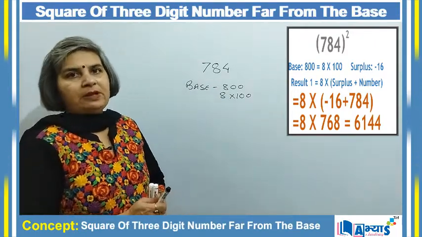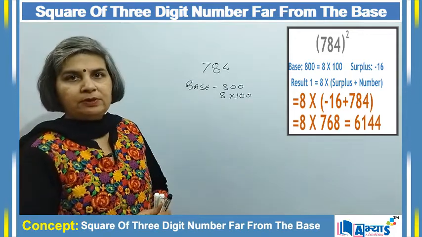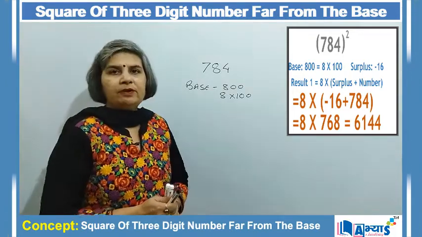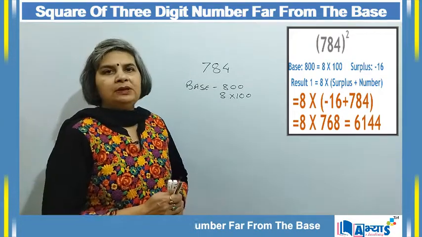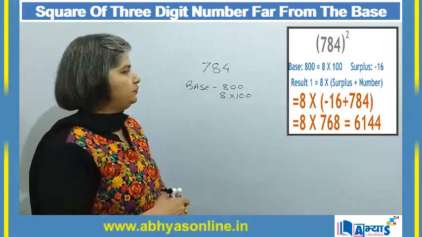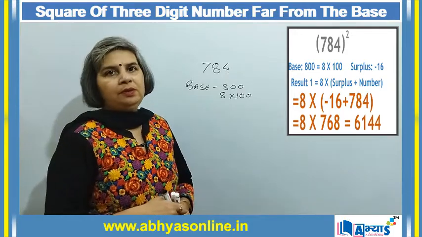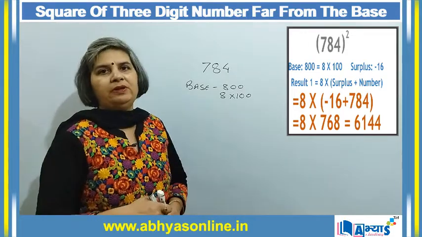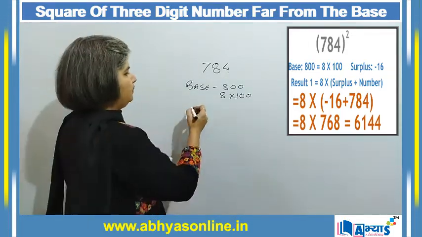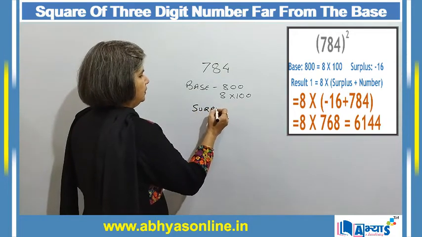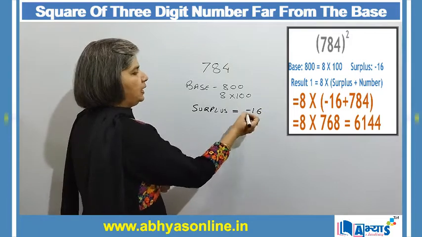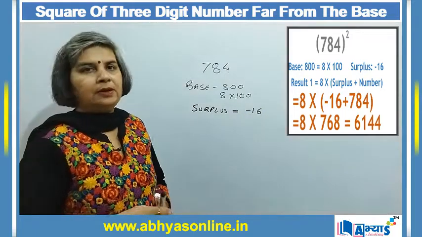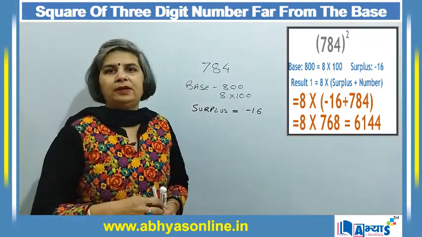In the first step, I will find the surplus of the number. Surplus is a number which when added to the base will result in the number. That means I have to find a number which when added to 800 will result in 784. Here the surplus will be minus 16, because whenever I add minus 16 to 800 I will get 784.